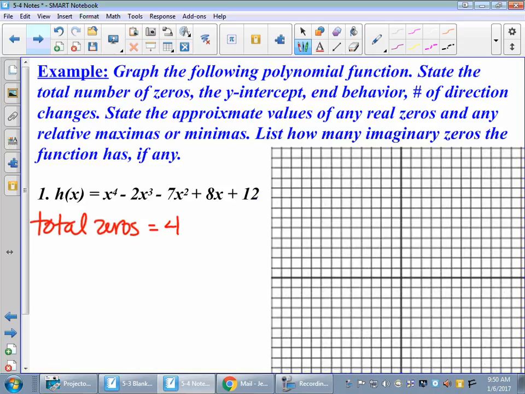Okay, my degree is an even degree. It's a positive lead. So what that tells me is that they're both going to be up or they're both going to be down. And because it's a positive lead, we're going to start up here somewhere and end up here somewhere. My y-intercept is 12. So 0, 12 I can put on the graph.